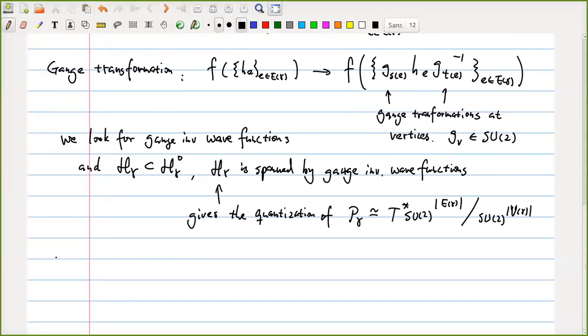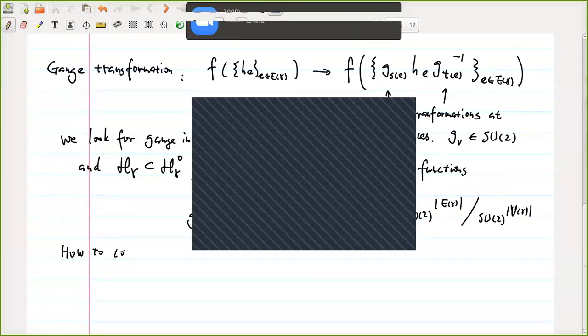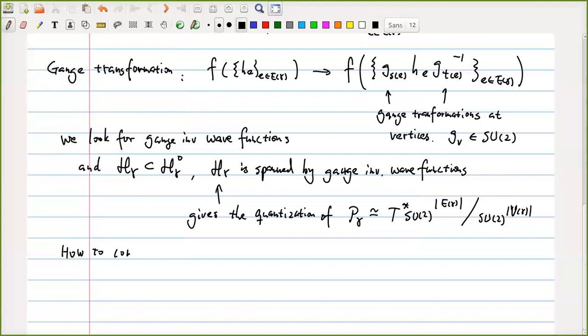Okay, so now let me look for those gauge invariant wave functions. So how to construct gauge invariant wave functions? Let's look at our basis.